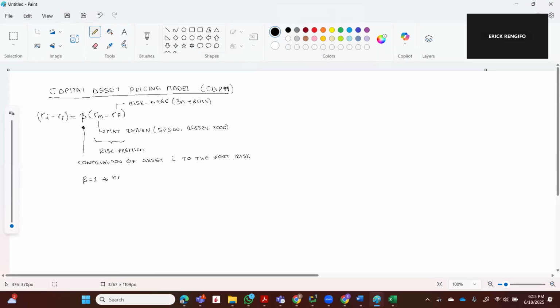So basically, it has the same risk as the market. If beta is larger than 1, it's an asset that is offensive or aggressive. If beta is smaller than 1, is one asset that is defensive.